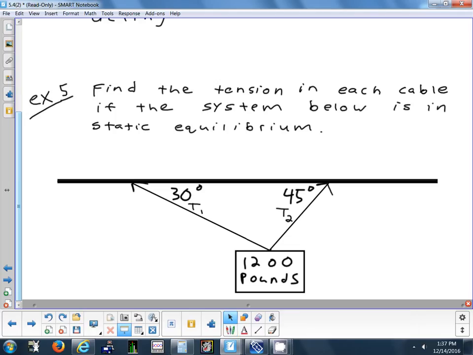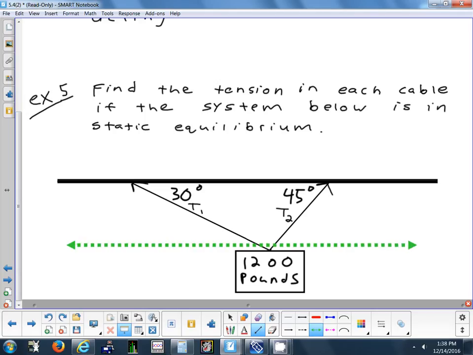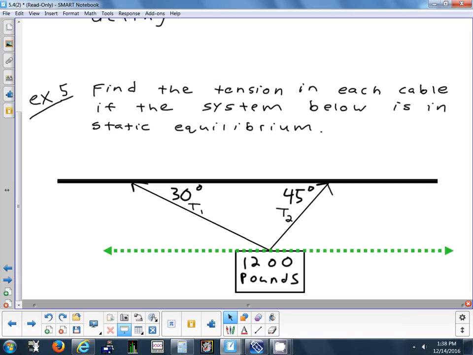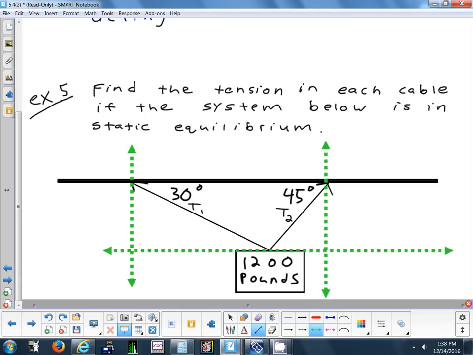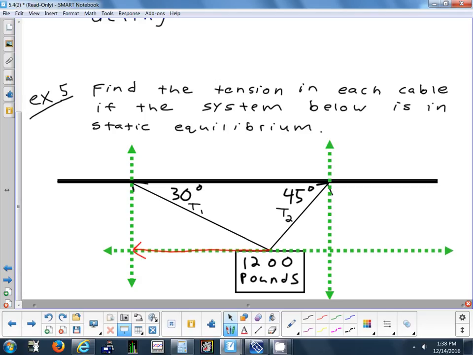Temporarily, because my board is so big it's hard for me to do it, I just need a guideline to show me where I'm going to draw something. You can probably do it on paper if you drew your diagram small enough. But basically what I'm going to do is create some triangles. T1 is pulling left, and it's also pulling up.